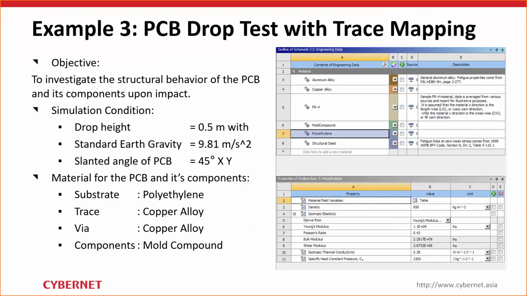Material for the PCB and its component are as follows. For substrate, we use the polyethylene. For trace and vias, we use copper alloy. And the components on top of the PCB, we use mold compound. Just for the sake of demonstration, we generalize the mold compound being applied to all of the components on top of the PCB.